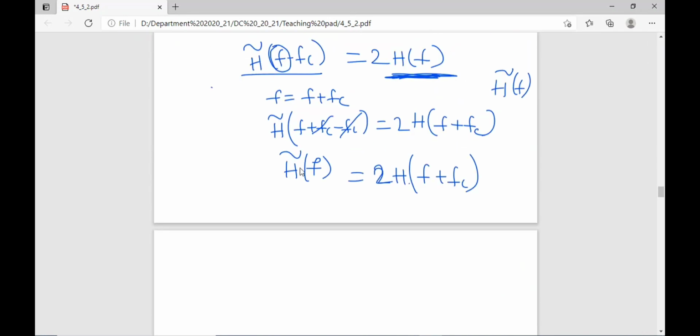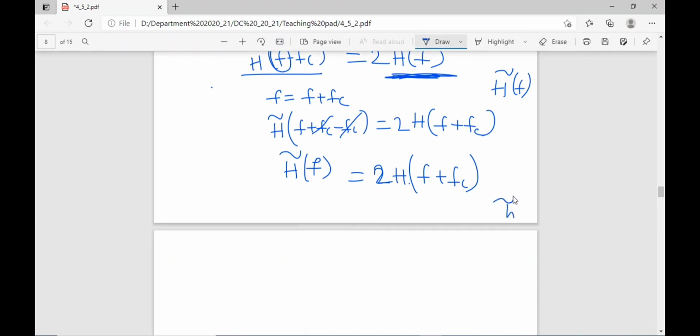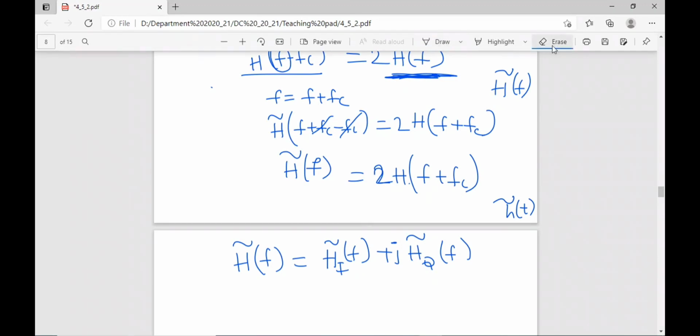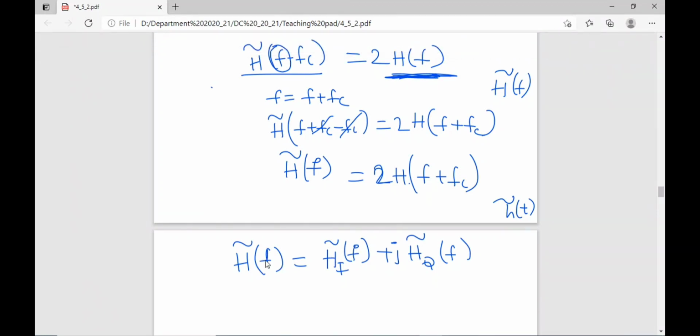But what we need to find is not H tilde of f, but H tilde of t. We already know how to represent this H cap of f in the canonical form. H cap of f is nothing but H I tilde of t plus j times H Q tilde of t.